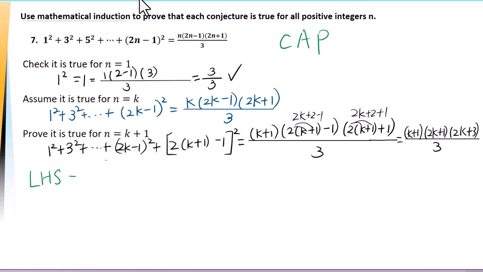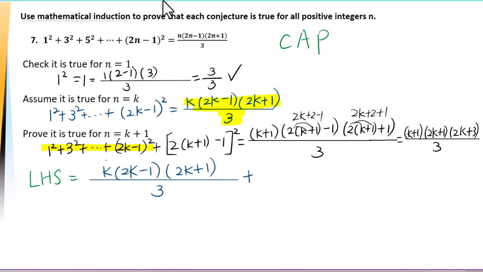Left-hand side: the first k terms equal this based on the assumption. So we get k times 2k minus 1 times 2k plus 1 over 3 plus, using the distributive property, 2k plus 2 minus 1 is 2k plus 1 squared.